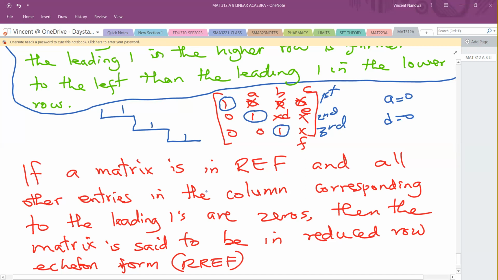Remember, a column moves top down, and a row goes from left to right.